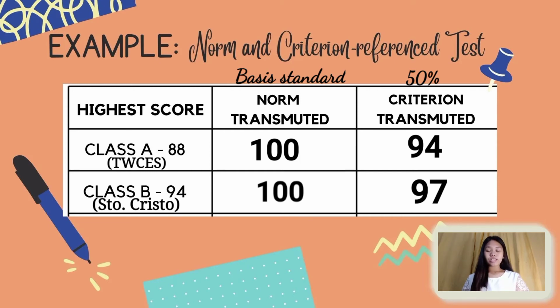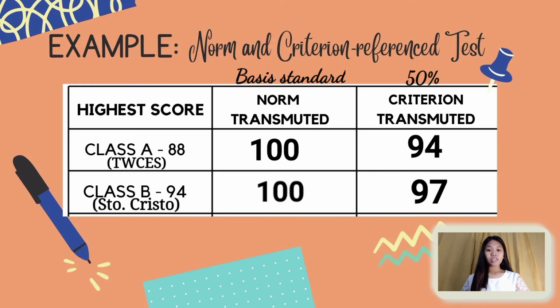When nobody gets that standard average, there will be no class valedictorian or even high honors. But if there are 10 students who get the 96 and above standard or average, those 10 students will be rewarded. Same as in cum laude.